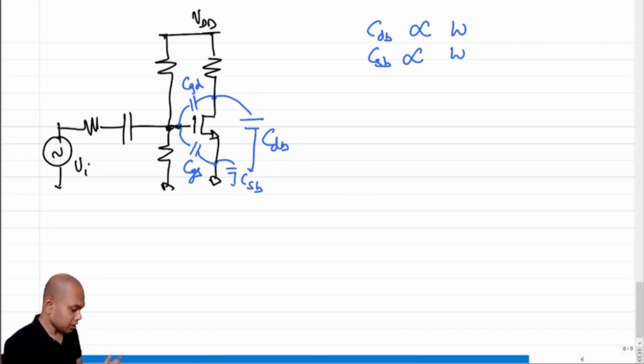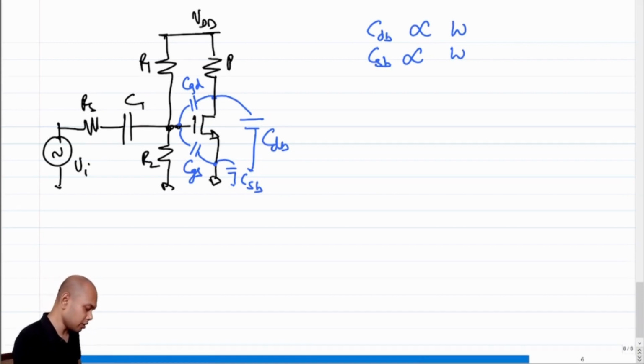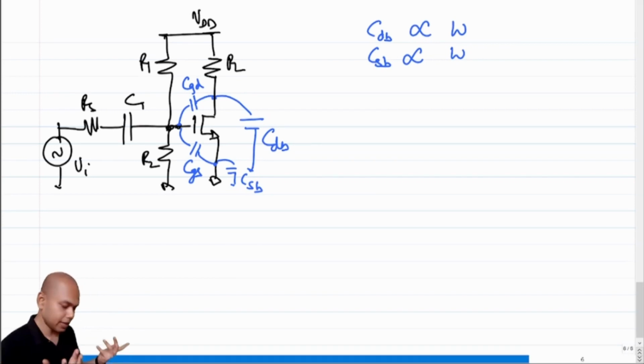Let's further assume that the sizes of R1, R2, RS, C1 have been adjusted in such a way that they don't load the input. We have been doing this forever now. Even if we don't assume that, let's assume that. So what will be the small signal equivalent of this structure? Let's sketch it, then we'll make the assumptions.